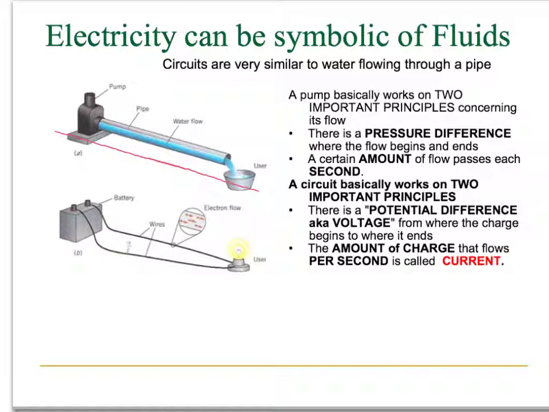So the potential difference in here is not because of a difference in height, but because of a chemical reaction that takes place in the battery. So therefore, the battery in here is actually creating a potential difference. So the potential difference in here is also known as voltage.